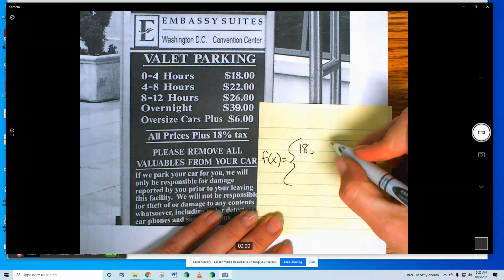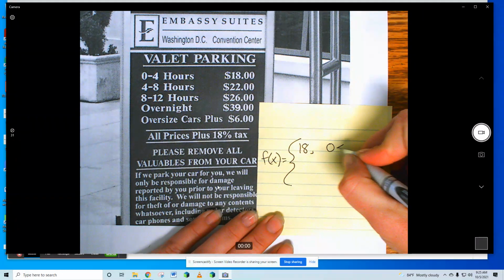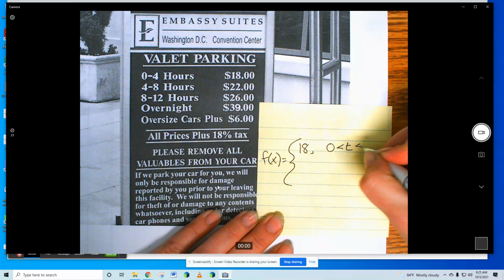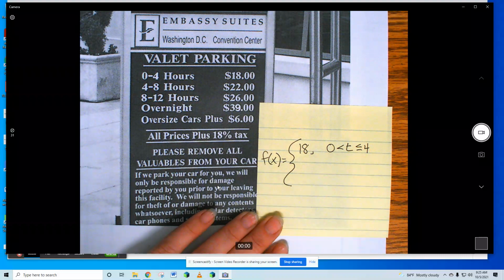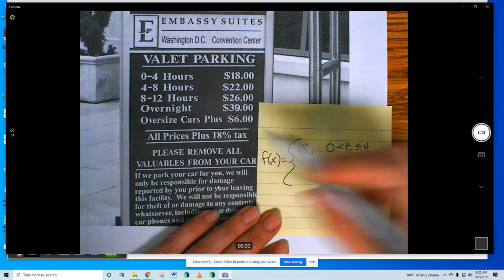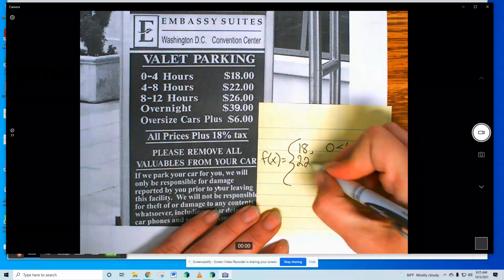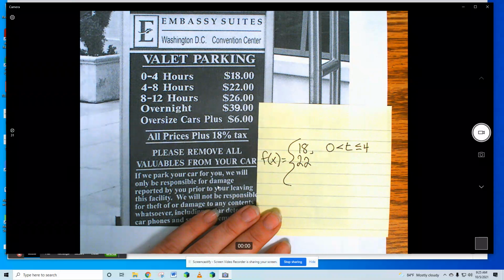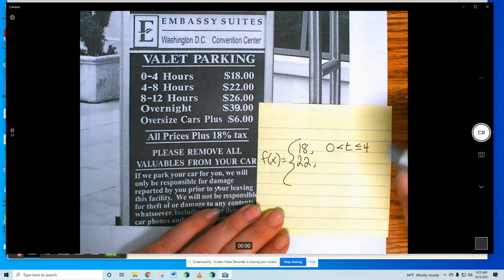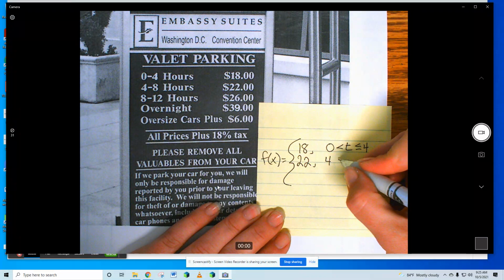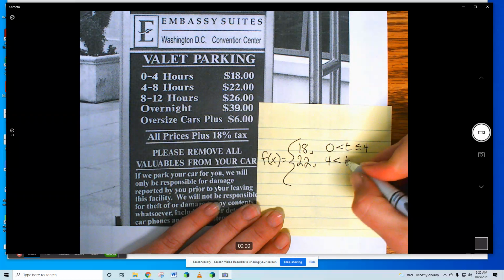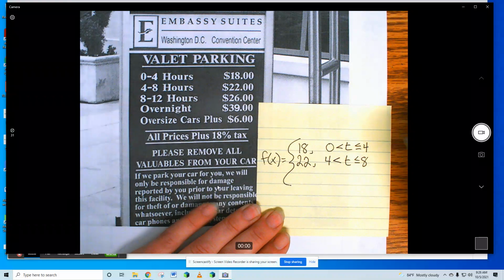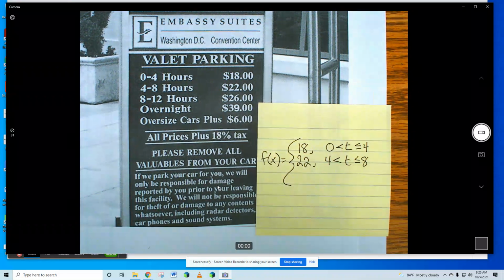we would be staying between 0 time and 4 hours. If we were going to have to pay $22 to the Embassy Suites parking structure, that meant that we parked over 4 hours, like 4 hours and 1 minute, to exactly 8 hours. That's why I have the line underneath it.